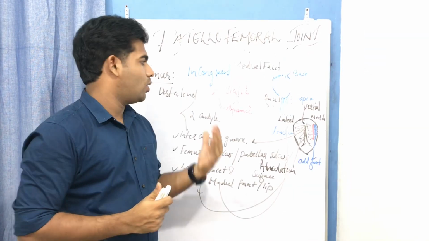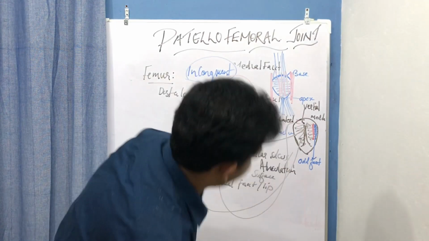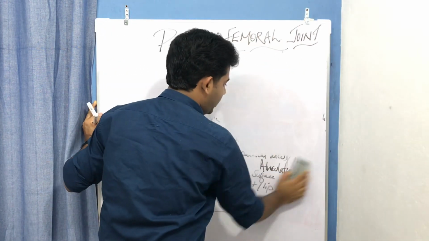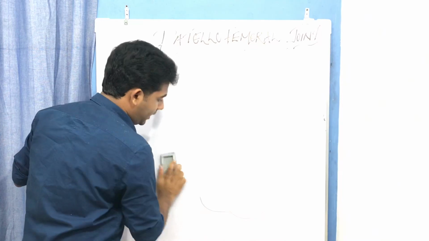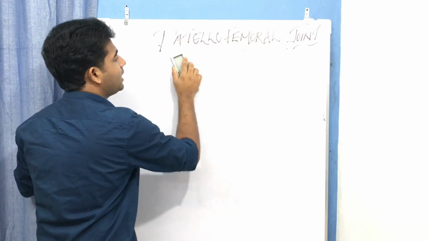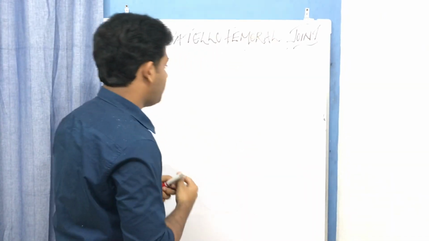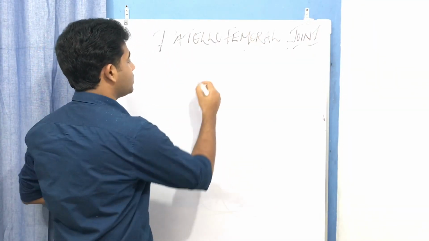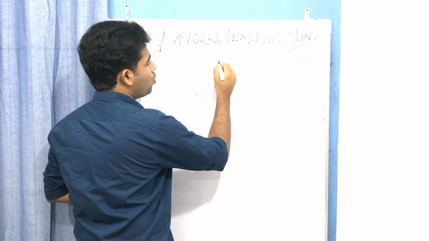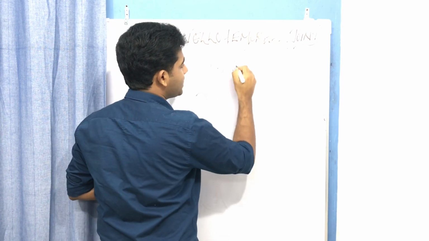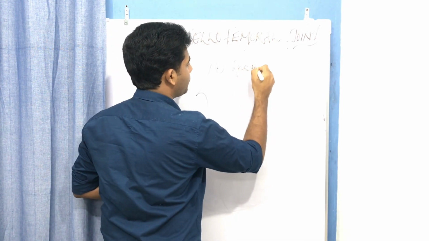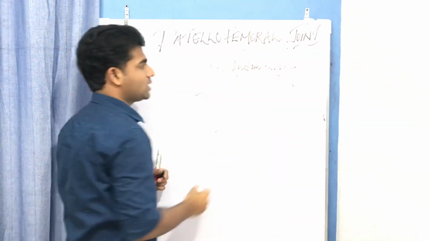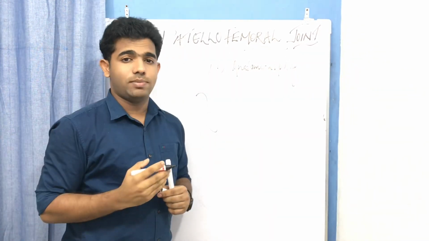Yes? Now, let me ask you, what is the role of the patella in the human body? Why do we have something like the patella? We had discussed in the hip flexors and hip extensors anatomy and biomechanics that the patellofemoral joint, or patella, serves two functions. One is it acts as an anatomical pulley. How does it act as an anatomical pulley?